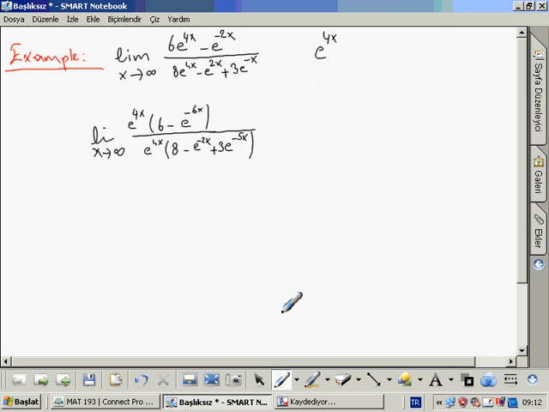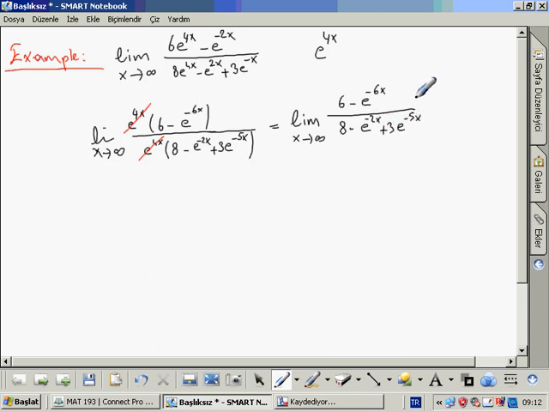Okay, and after that we can cancel this part of the limit. Then we have the limit as x approaches infinity of 6 minus e to the minus 6x over 8 minus e to the minus 2x plus 3 times e to the minus 5x.